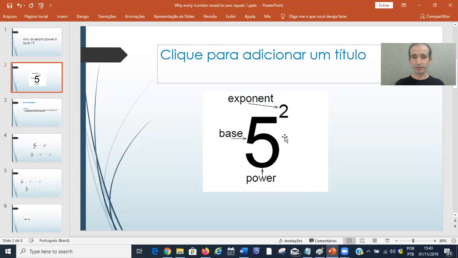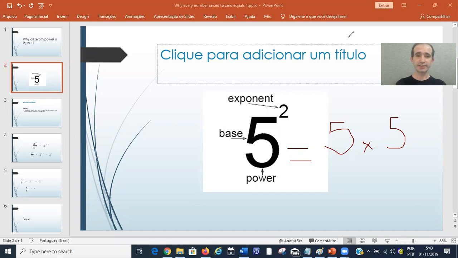As an example, we have here our power, 5 to the second power, right? Let's write here. You can see, 5 to the second power is the same as 5 times 5, just to remind you, right?